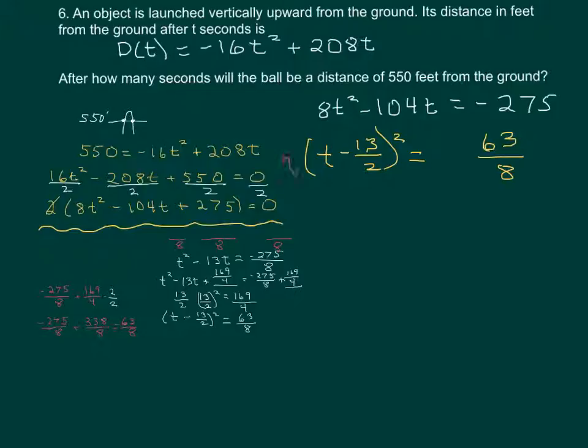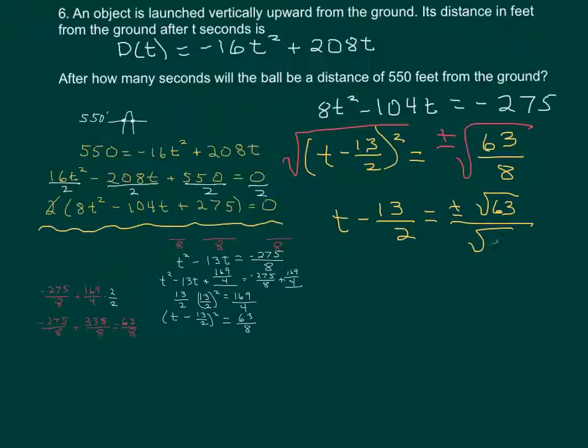Now we can apply the square root property, which says we can take the square root of both sides and still have an equivalent equation as long as we add and subtract the right side. When we do that, our left side simply becomes t minus 13 over 2, and our right side is plus or minus square root of 63 over square root of 8.